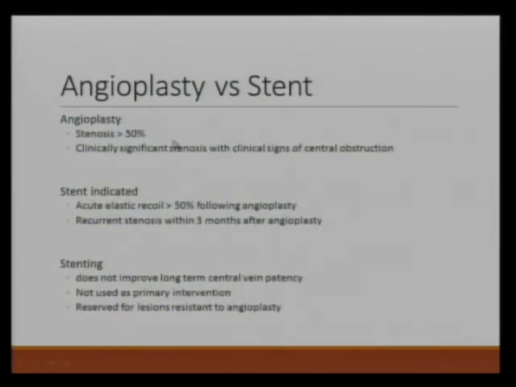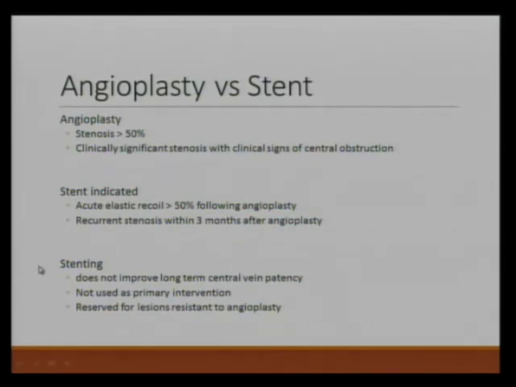So bottom line, angioplasty if the stenosis is more than 50% and you have a clinically significant stenosis with clinical signs of central obstruction, okay? A stent is indicated if you have acute elastic recoil more than 50% following angioplasty, or recurrent stenosis within 3 months after angioplasty, okay?